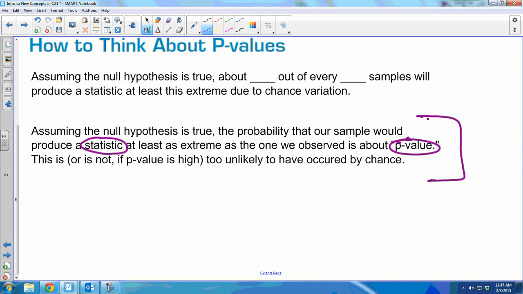We have at least 4 more tests coming up in the next month and a half, and we're going to have to be able to say the same thing about the p-value. All right? Okay. Questions about p-values? Nope.